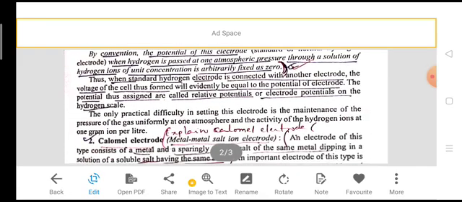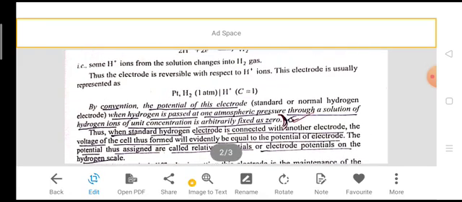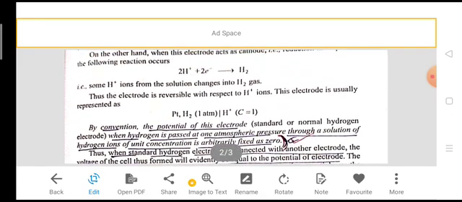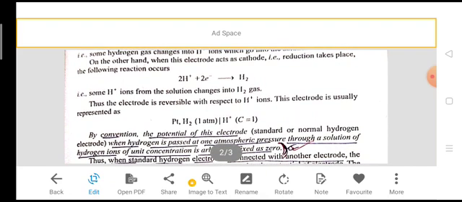By convention, the potential of this electrode is arbitrarily fixed as 0 when hydrogen is passed at 1 atmospheric pressure through a solution of hydrogen ions of unit concentration. Once again, I repeat this important point.